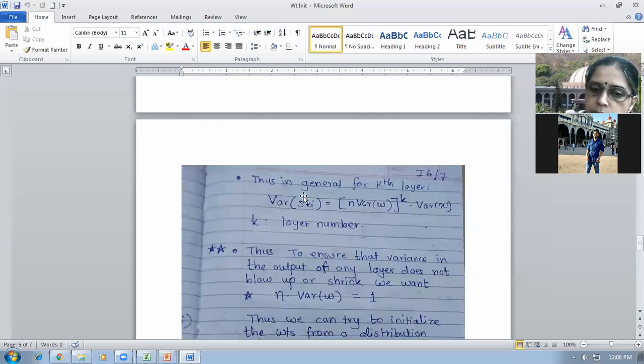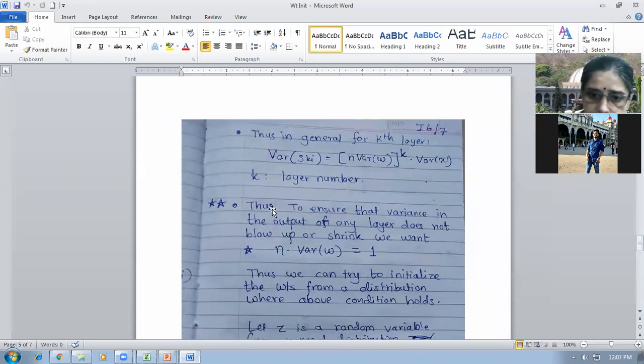If it is too small, variance will be very small. So to avoid that, n into variance W should be equal to 1. Thus, to ensure that variance in the output of any layer does not blow up or shrink, we want n into variance W to be equal to 1.